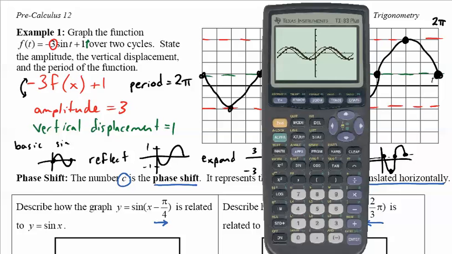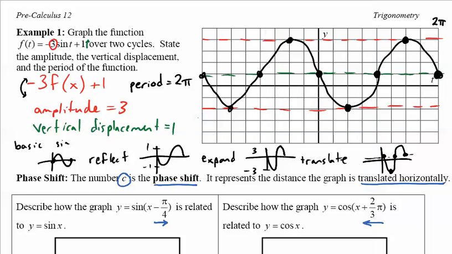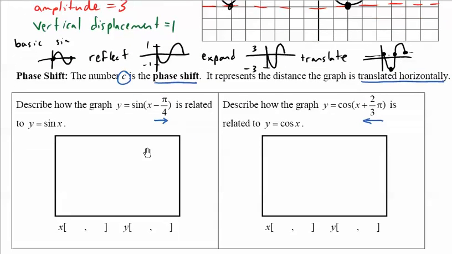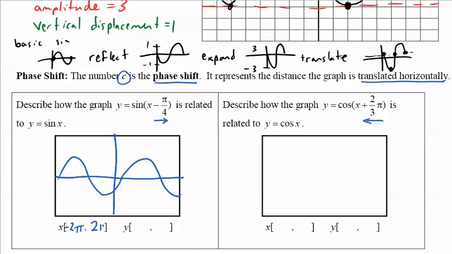So let's draw that darker graph. This is going from negative 2 pi to 2 pi. This is the standard window for trigonometric functions, from negative 4 to 4.